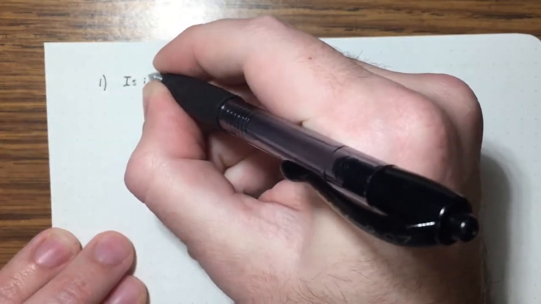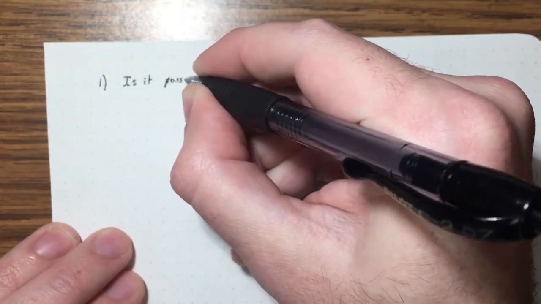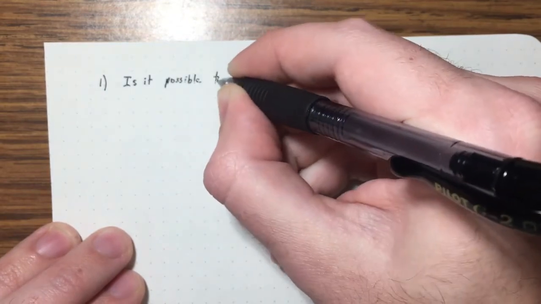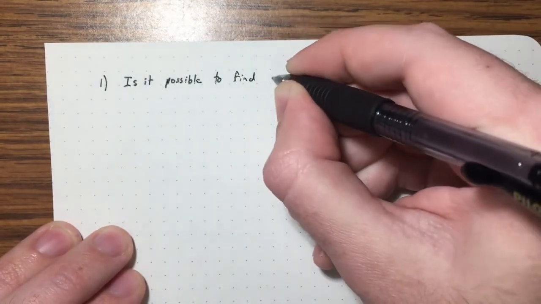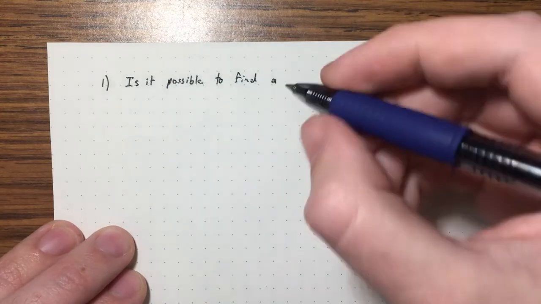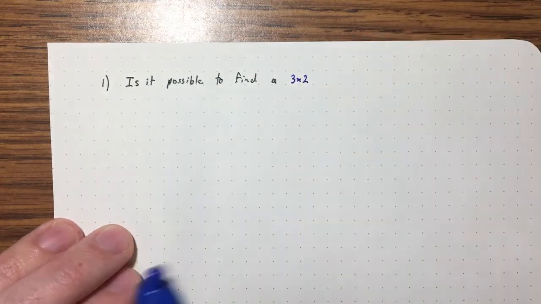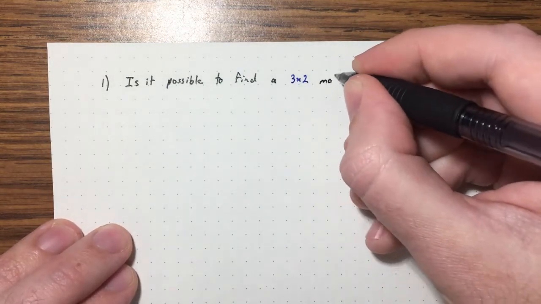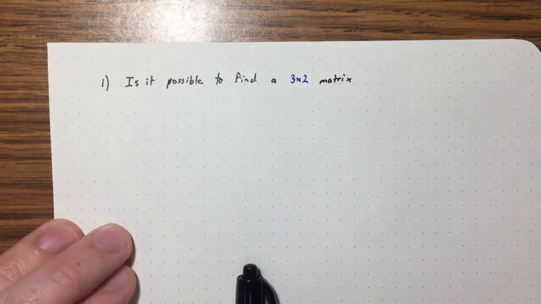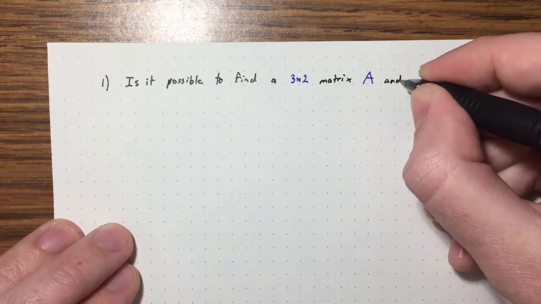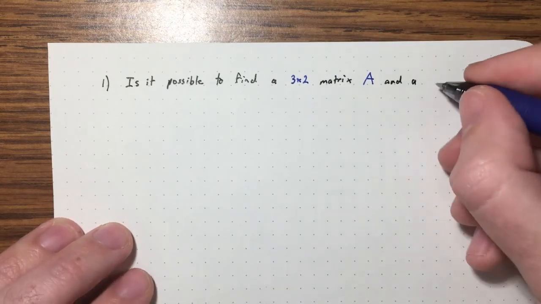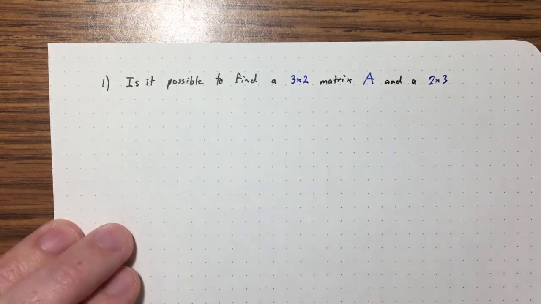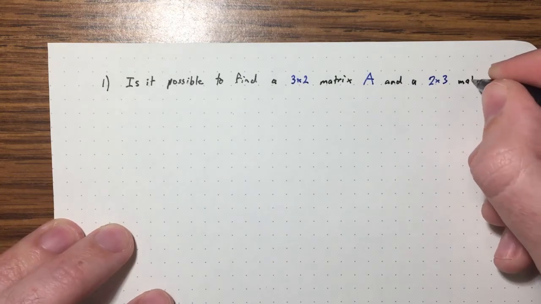So is it possible to find a 3 by 2 matrix, let's call it A, and a 2 by 3 matrix, and this will actually foreshadow something we're going to talk about a little bit later.